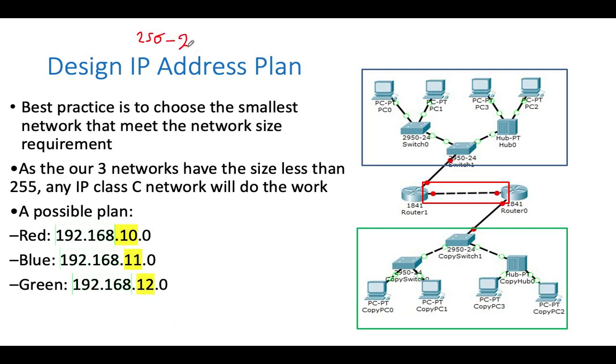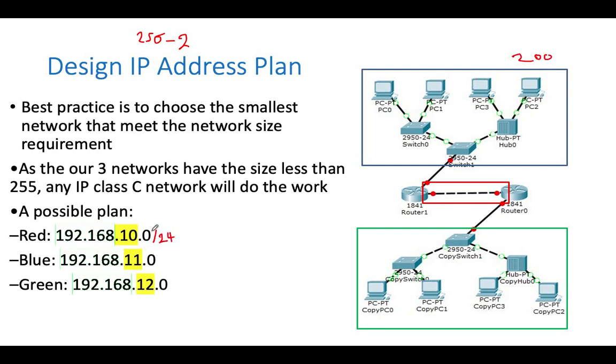Always subtract 2. For example, if I have the IP 192.168.10.0 and they tell me I want 200 devices here, no problem. Yes, I can use /24.